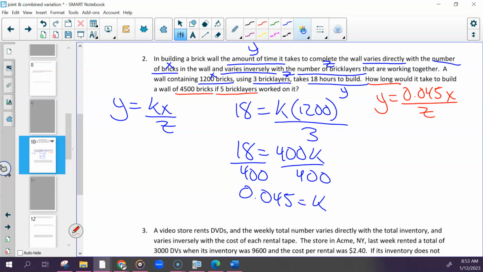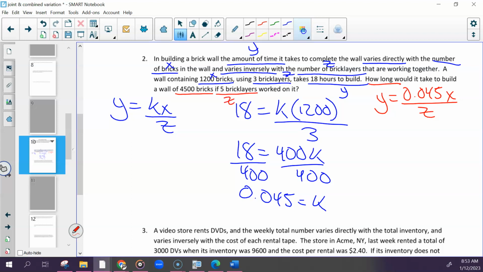What variable are we looking for? Of the variables we have, which one are we looking for, or which one don't we know?